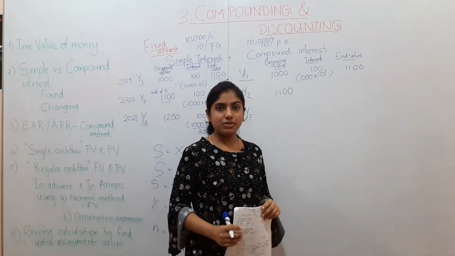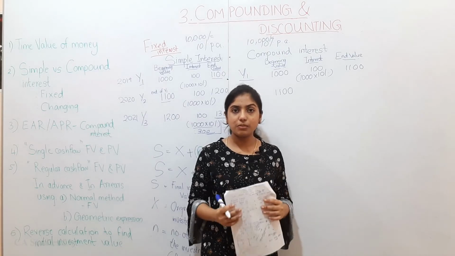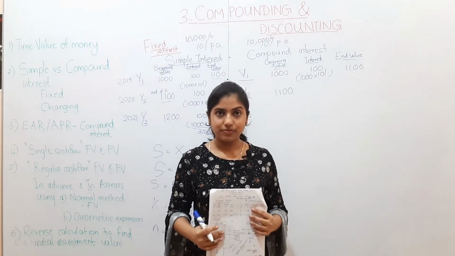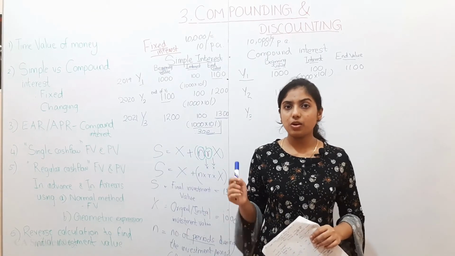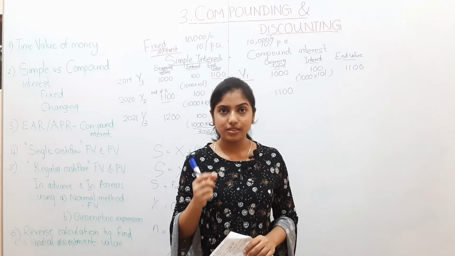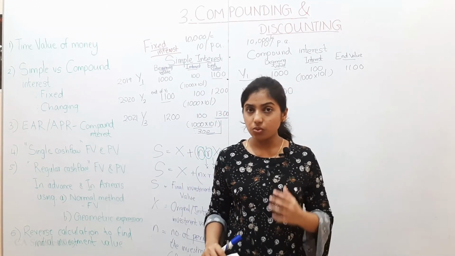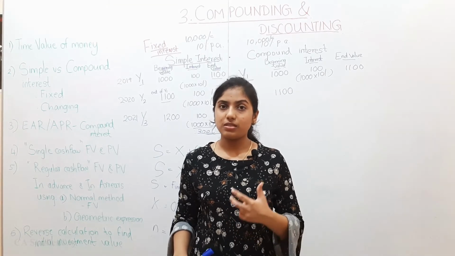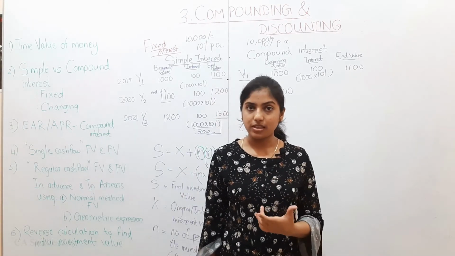Okay, now comes the difference between the interest calculation of compound and simple interest. What we did with simple interest is that we multiplied the original value by the interest percentage and got the interest per year. But in compound interest, the rule is that interest must be calculated on the compounded value of the investment.